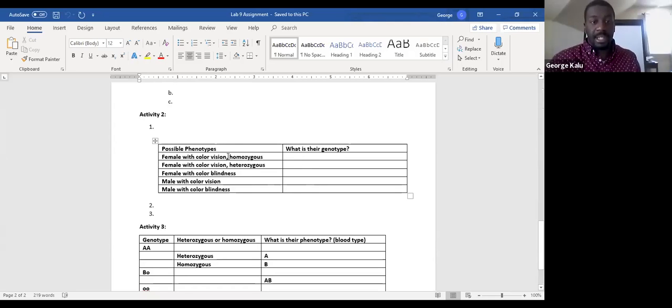So if they're female with color vision and homozygous, what is their genotype going to be? If they're female with color vision and heterozygous, what's their genotype going to be, and so on and so forth. We're going to list the genotypes for all of these possible phenotypes. Then again, you're going to answer the questions for number 2 and number 3 in activity 2.